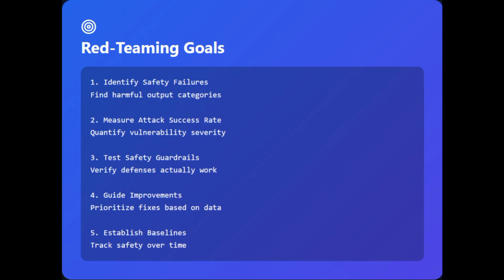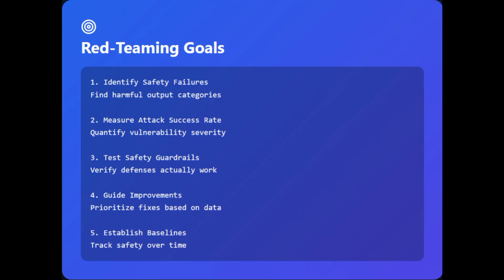So, the red teaming goals. Basically, there are five goals. The first one is to identify safety failures across all harm categories. Next is to measure attack success rate: how often do attacks work? This is the second one.